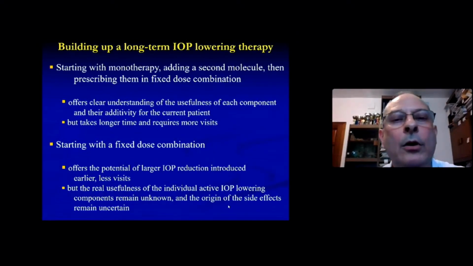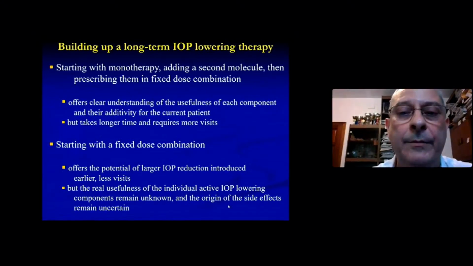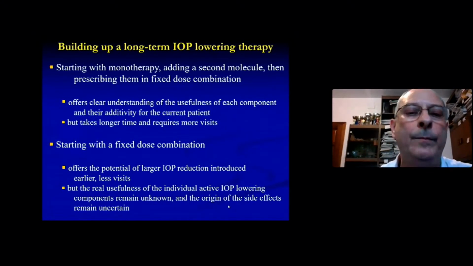So when we build up a long-term IOP lowering medication, we can start with a monotherapy as I prescribed. We can add a second molecule, and when they are both effective, they provide additional IOP reduction and are well tolerated. They can be combined in a fixed combination, which is great.